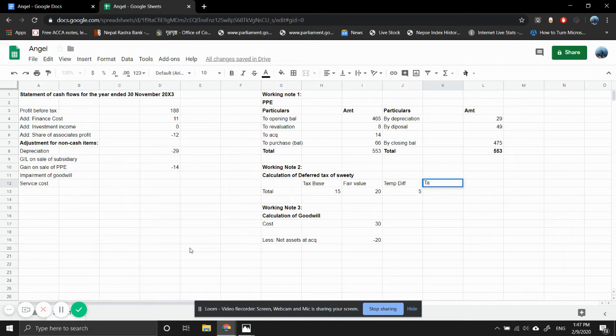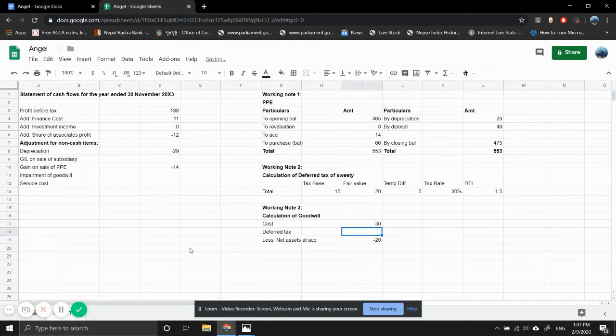Tax rate was 30%, so deferred tax liability, DTL, is this into this. So 1.5 will be added over here.